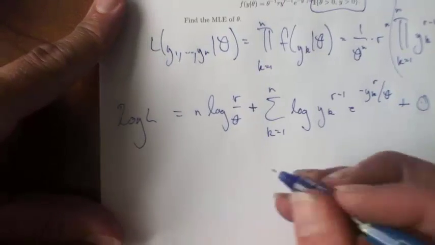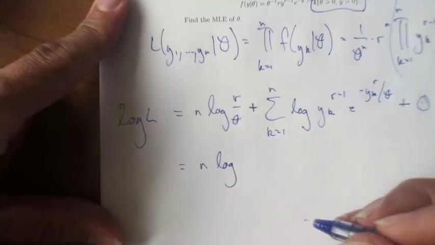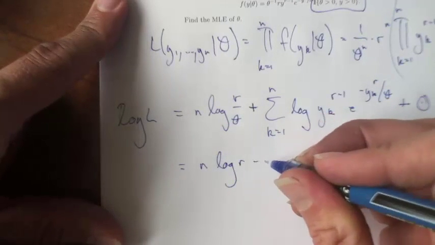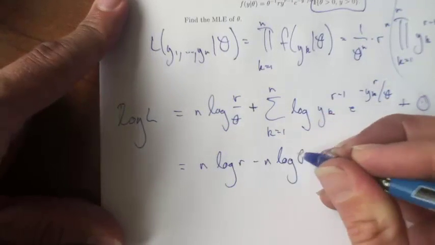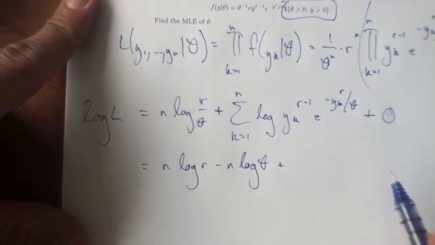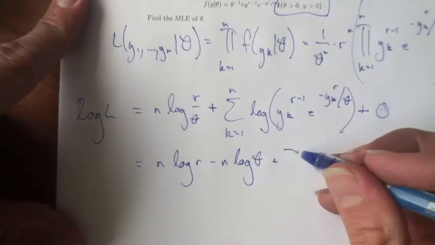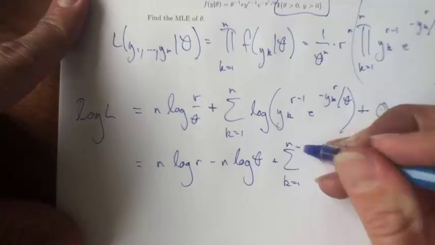Let's see. So this will be n log r minus n log theta, right? And then plus, let's see, what do I have going on inside here? I'm taking the log of all this stuff, right? So it'll be the sum, goes from 1 to n.